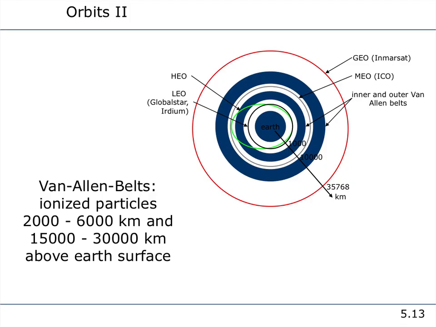So these are the 3 types of orbits now laid over the atmospheric graph.